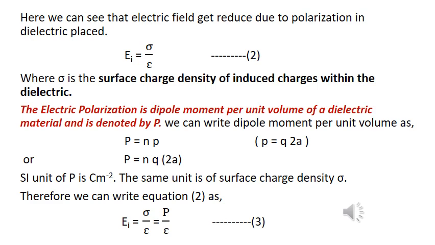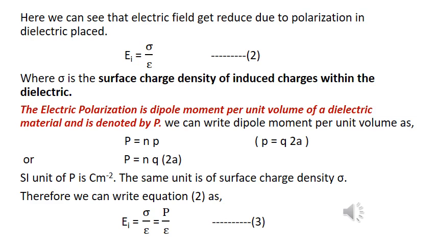That is, electric field is equal to surface charge density divided by permittivity of the medium. So this is the induced electric field, which is equal to sigma by epsilon.